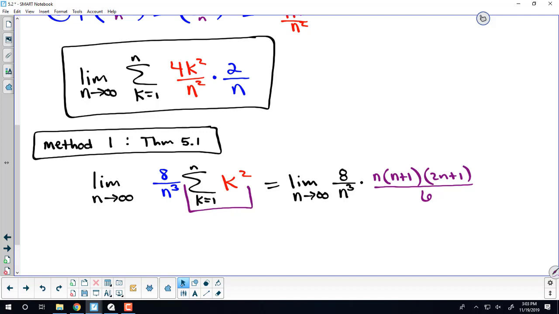So notice what we have in effect is a limit at infinity and a polynomial over a polynomial involving n.